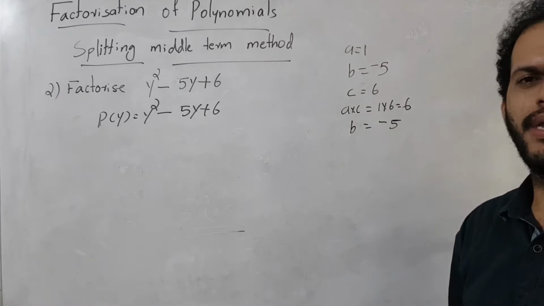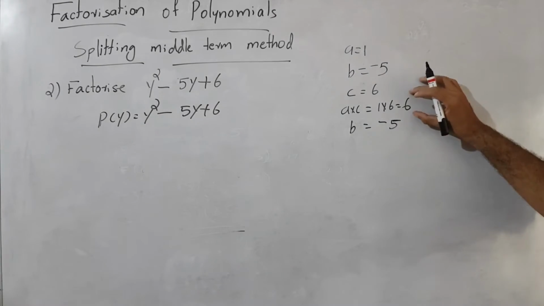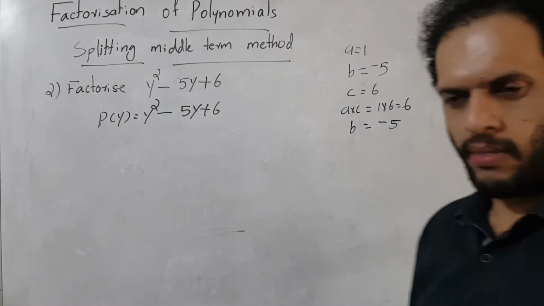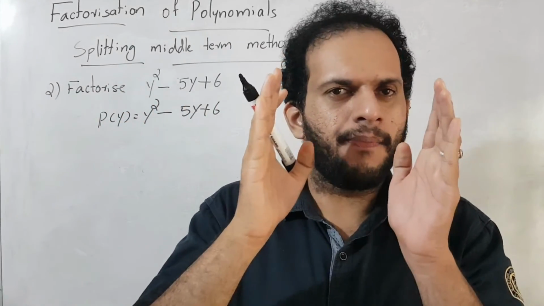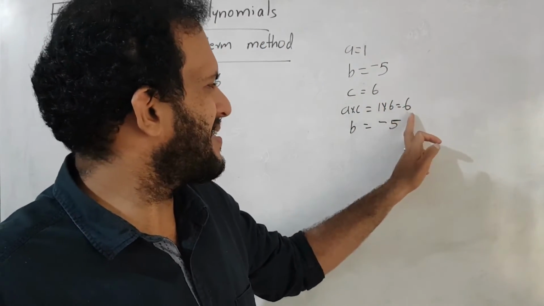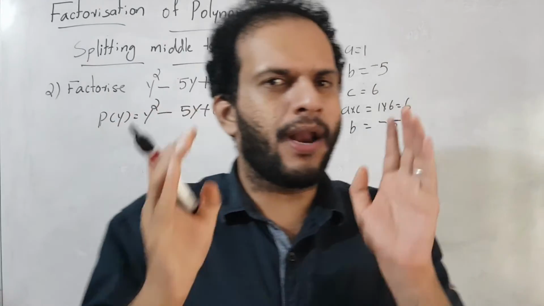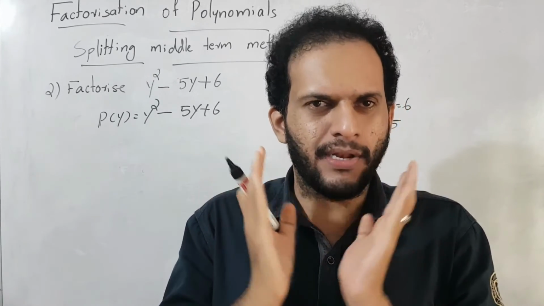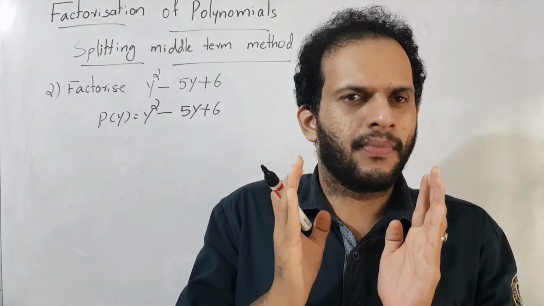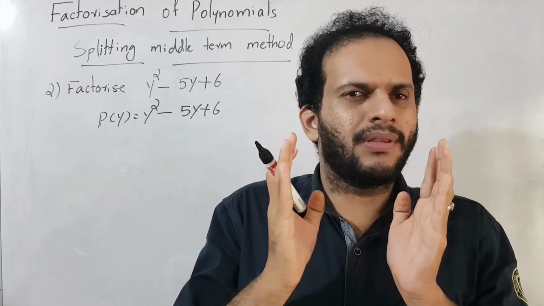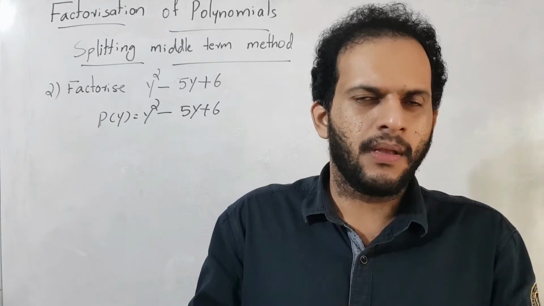So here we need to get a pair of numbers whose product is 6 and whose sum is minus 5. Correct? Here is an idea. The product is plus, the sum is negative. The chance is there only if both numbers in that pair are of the same sign.